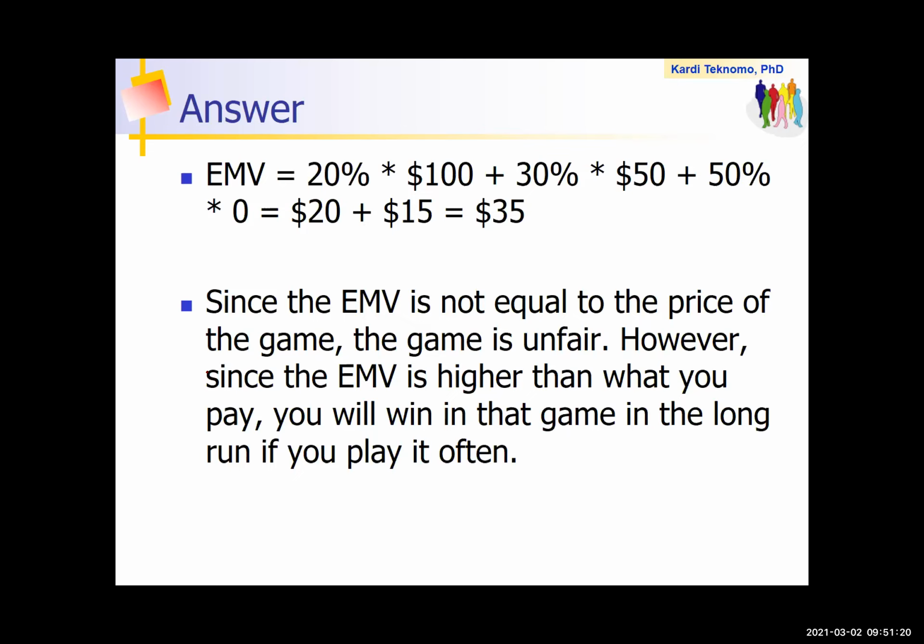So the game is unfair, but you see that the EV or the EMV is higher than what you pay, right? You pay 20, and over time you get 35. That means you will win that game in the long run if you play often. On average, you will gain $15. So that is the concept of EMV or EV.